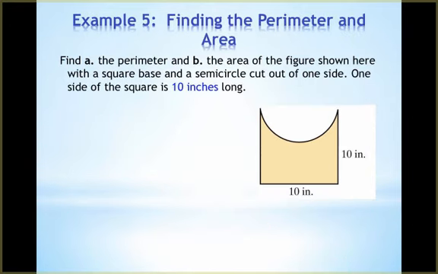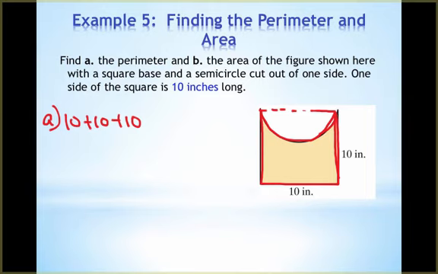In example 5, we're trying to find the perimeter and the area of the shape that's shown here. So what I want to realize is that this is made up of a square and a semicircle. So you kind of visualize, there's my semicircle. So let's find the perimeter first. Well, to do that, we're going to find these 3 sides, which will be easy. That'll be 10 plus 10 plus 10 plus, and then we've got the circumference of a semicircle.